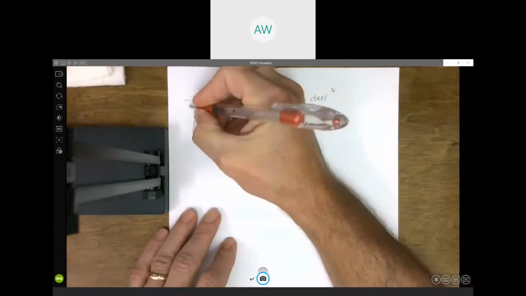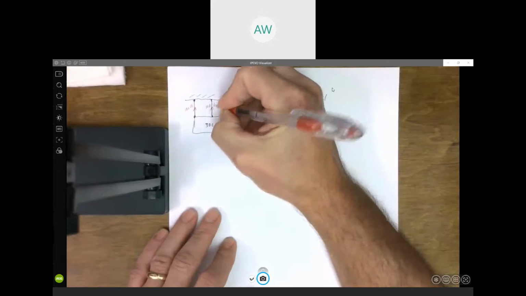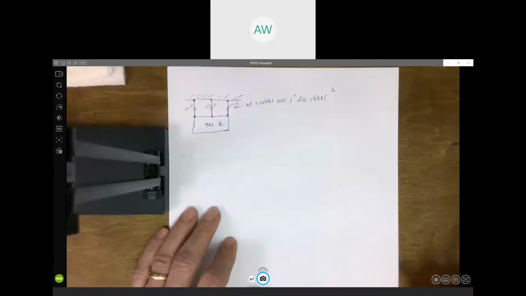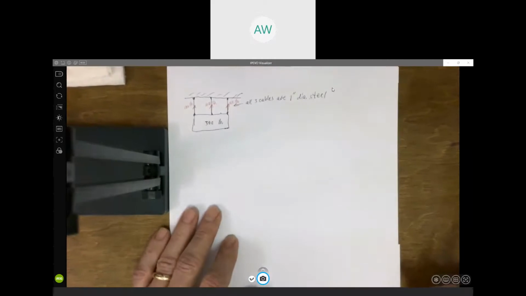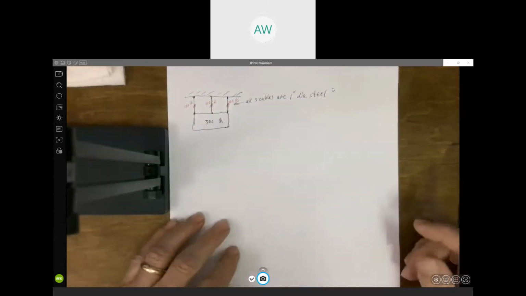You're going to have 100 pounds in all 3 cables. Each one is going to take an equal share of the load, right? And that's just intuition, symmetry, common sense, whatever you want to call it. That's correct. No work necessary.